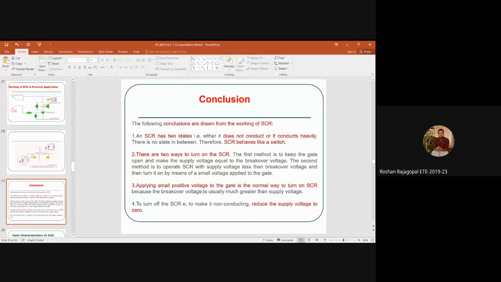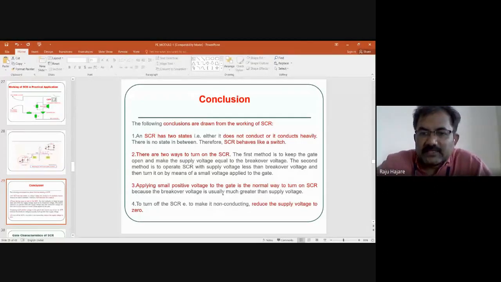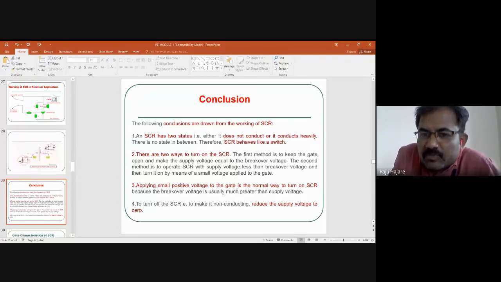Sir, but the first method you told, if you keep the gate open and put the supply voltage, it will heat the device a lot, right? Yes, very correct. Because when you say gate is open, it means gate pulse or gate voltage is absent. When you don't apply gate pulse or gate voltage, there is no gate current flowing in the device, and your device J2 junction is reverse biased, and to break down that J2 junction, you have to apply higher voltage.